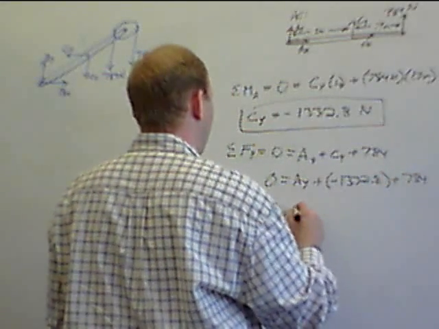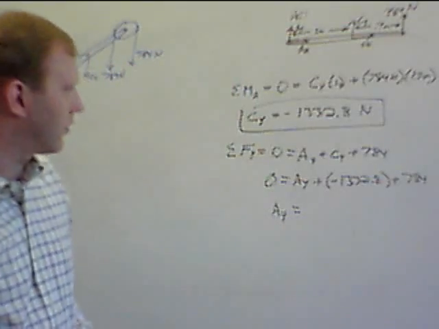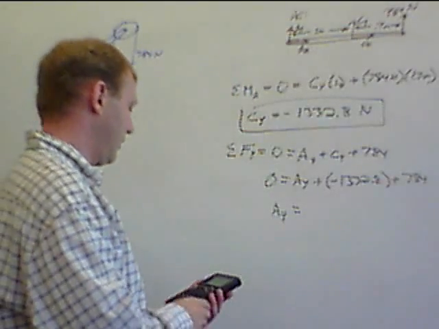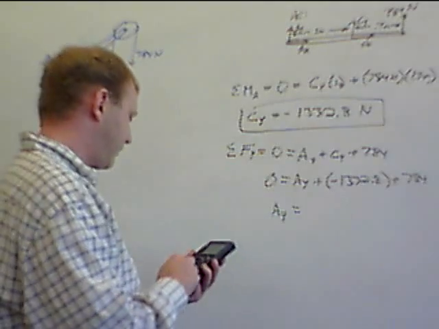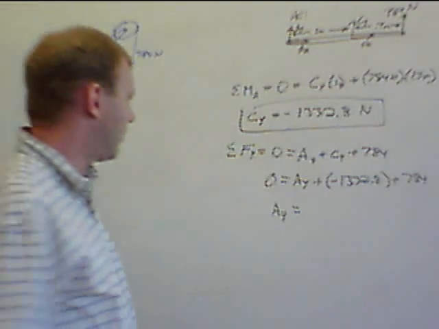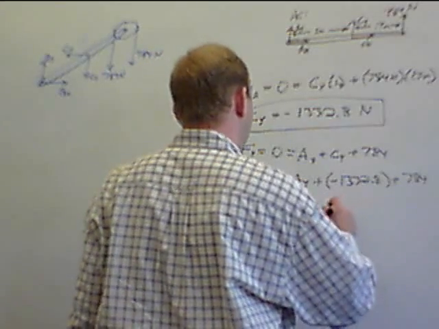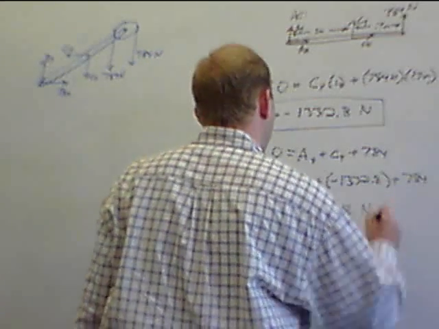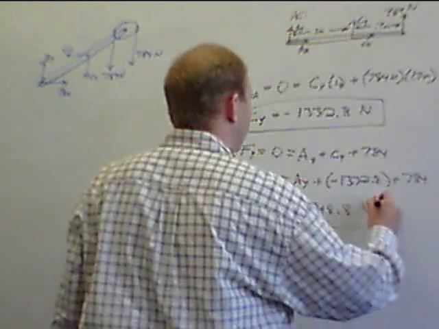This gives us the AY. It's going to end up being positive, 548. Okay, so AY is upward.